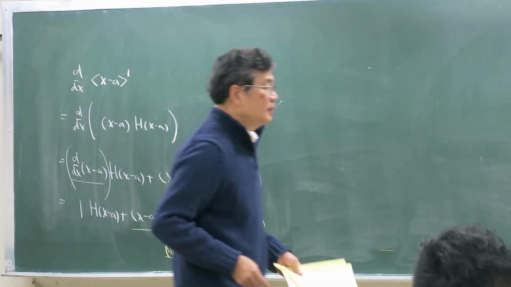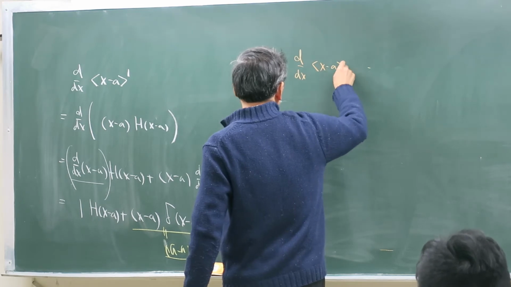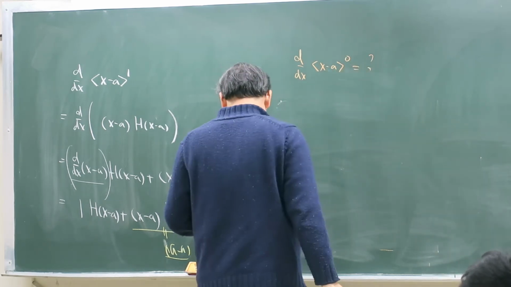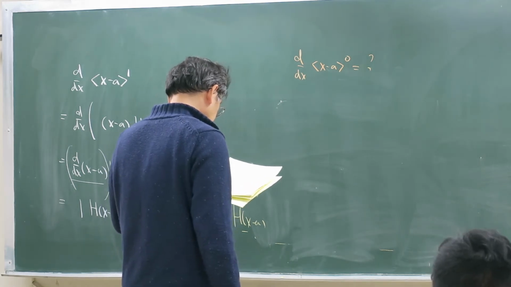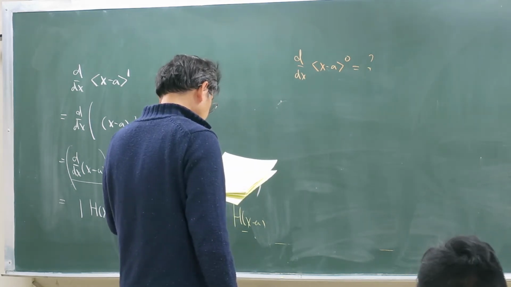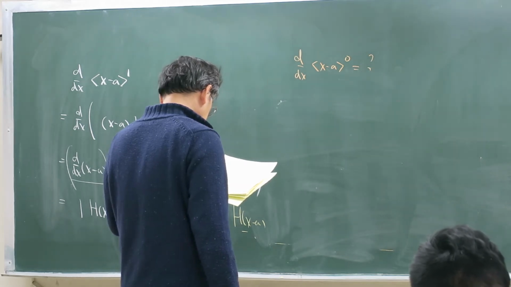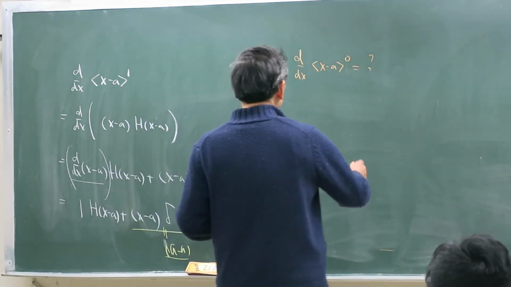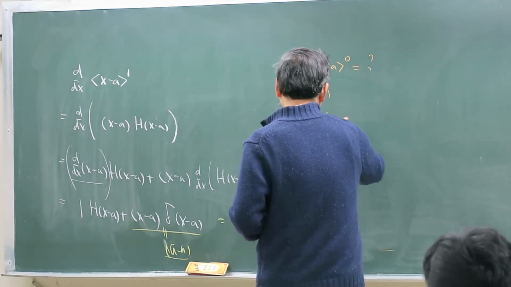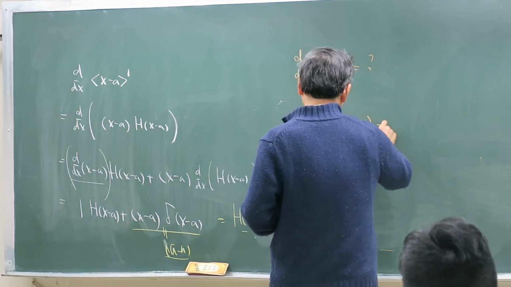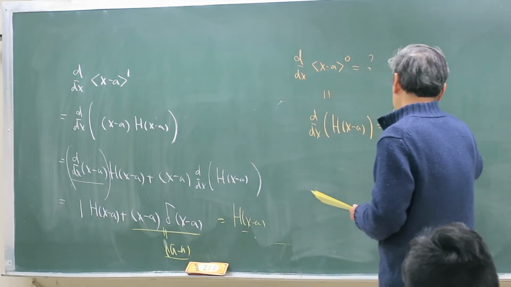Right. Now let's see for n equal to 0. So how about d/dx of (x − a)^0 equal to what? This is equal to d/dx of H(x − a), which is the delta function.